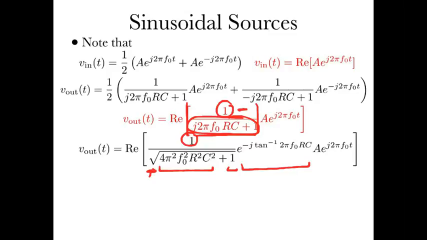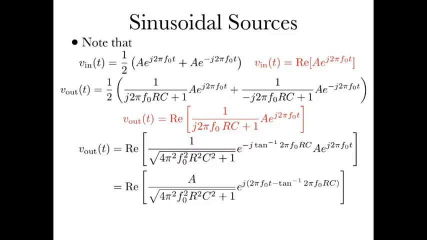Now we need to simplify further. All I'm going to do is merge the two complex exponential terms into one term because the exponents add. And now taking the real part is easy because this is just some real number so far as the mathematics is concerned. The only thing complex is this, and that's e to the j theta.